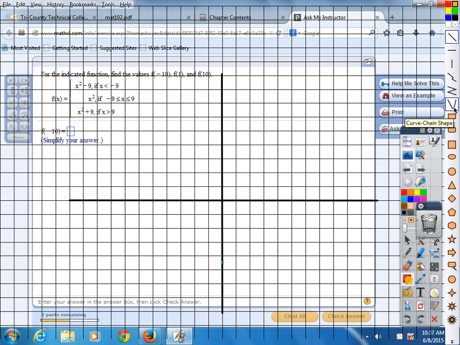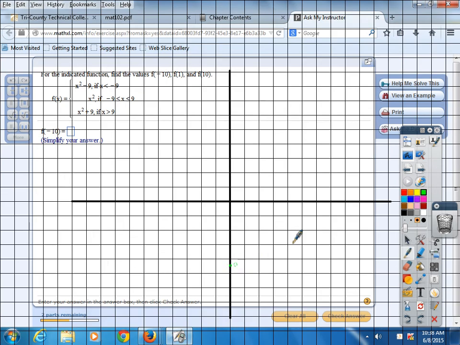I think you can draw a parabola on this thing, but I don't know where it is. Parabola x squared is a regular parabola, so it's going to look something like this. I better draw it in black. Something like that.